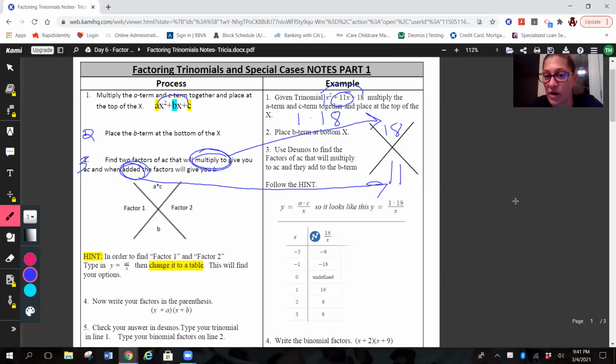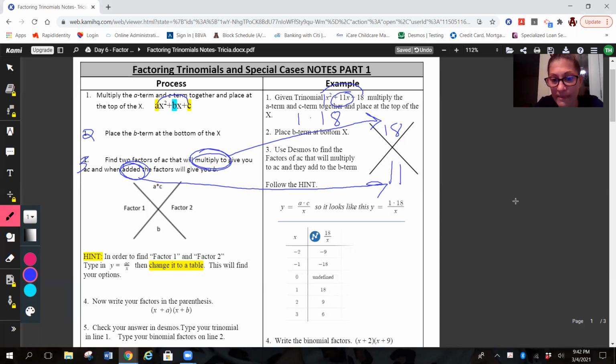That's what we're trying to figure out. What 2 factors multiply to 18 but add to 11? In order to do that, your little hint says type y equals 18 divided by x.